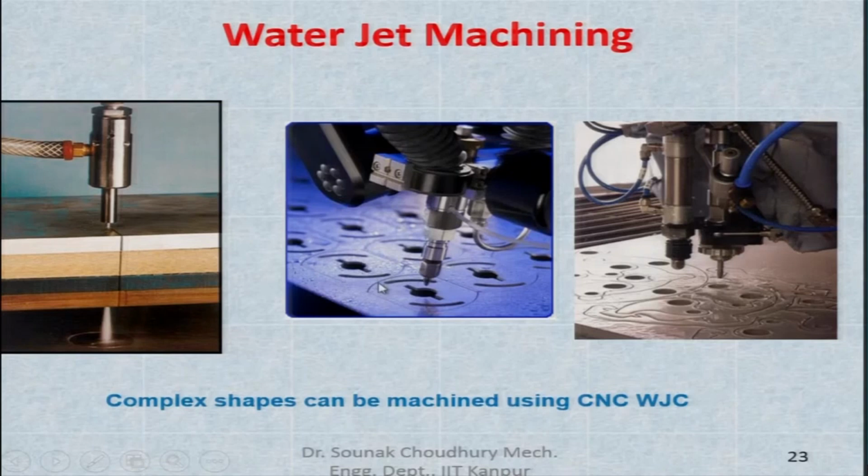This kind of shape can be machined by traversing the nozzle. This is the nozzle through which the high pressure water jet is passed, and here also a very complicated path is being formed. By traversing the nozzle we can also have this kind of contour.